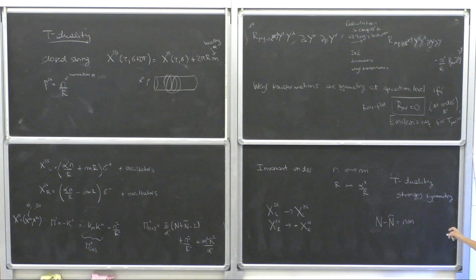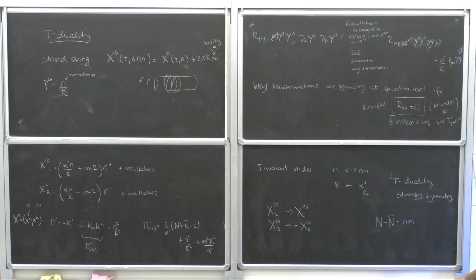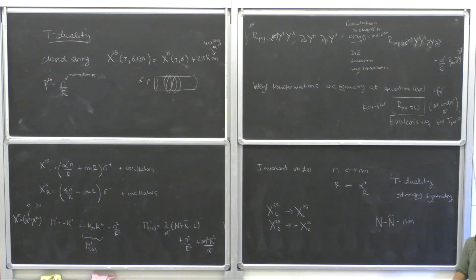So if you have momentum and winding, then n is not equal to n tilde. It's not that the winding gets increased, but that to still have translation invariance, you need to have more oscillations in the left moving direction than in the right moving direction. So that's what happens. But you need to have both momentum and winding not zero for that.